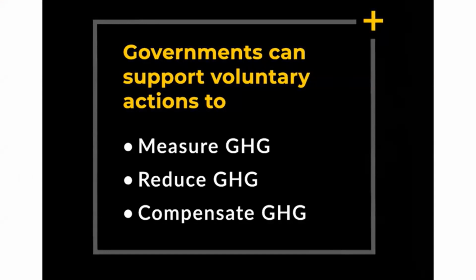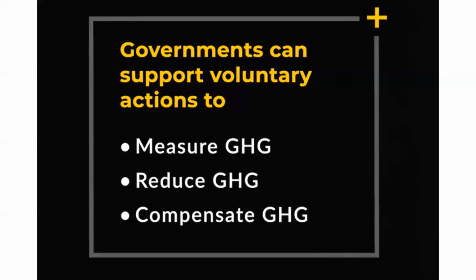And so what governments can do in order to increase transparency is to engage voluntary organizations, non-governmental organizations, to come and measure the greenhouse gases and to talk about ways to reduce or compensate these greenhouse gases. Okay, and we're going to look at this point in a bit. But these are basically some of the things that governments can do in order to reduce these carbon emissions.